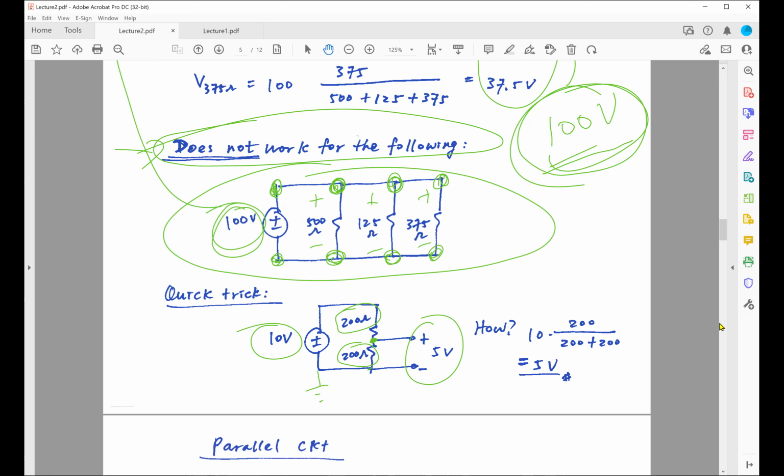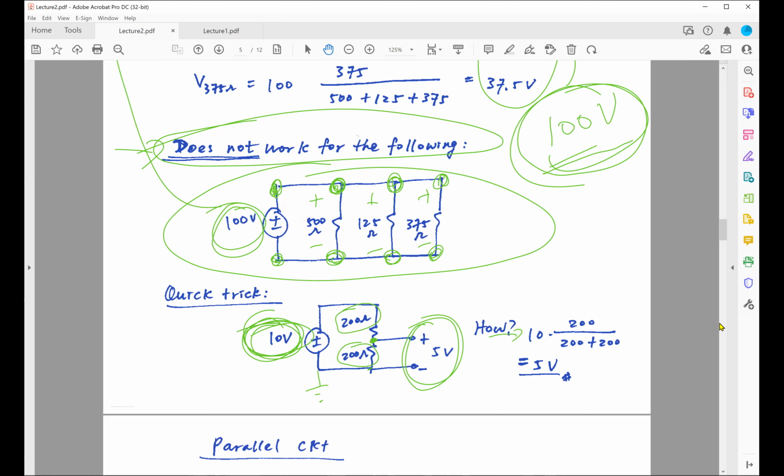So once you have done this many times, you realize that if you're dealing with two resistors of the same value, and you're trying to find the voltage at the midpoint to ground, then this voltage is simply going to be whatever this voltage is divided by 2. It's going to be half of what this guy is. Half of 10 volts, which is 5 volts.